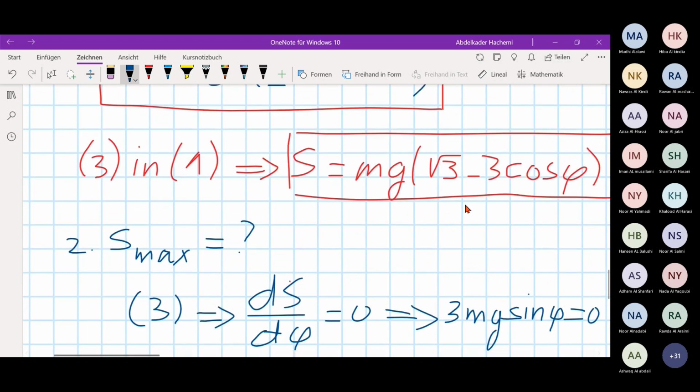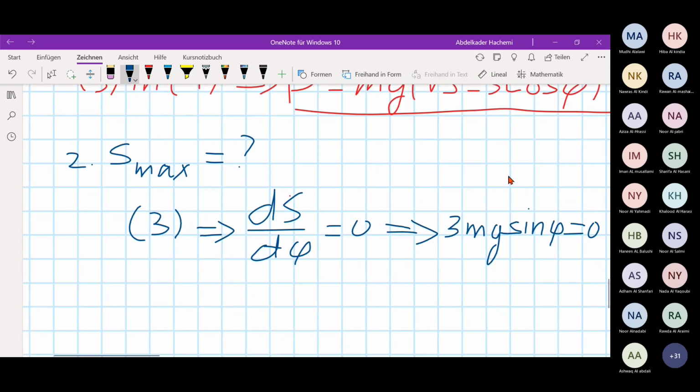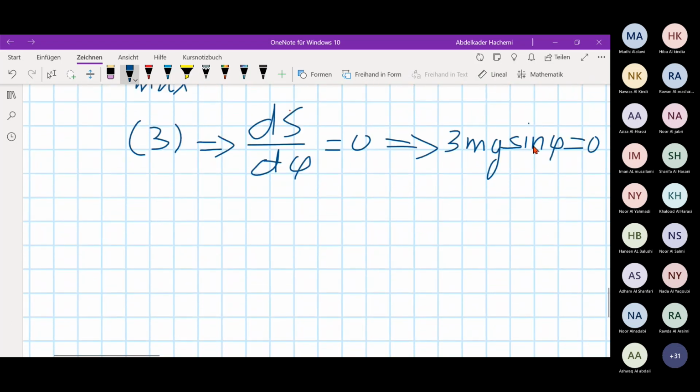When we make the derivation, m is constant, g is also constant, so the first term has derivation with respect to phi equal to 0. Then we have only the second term, the derivation of minus cosine is sine phi.